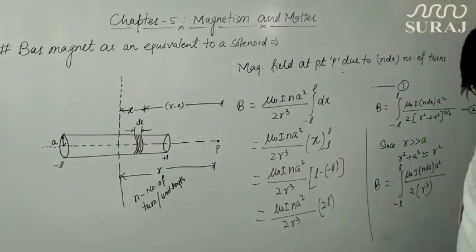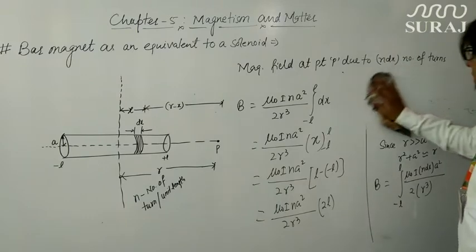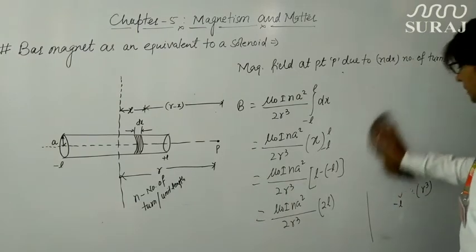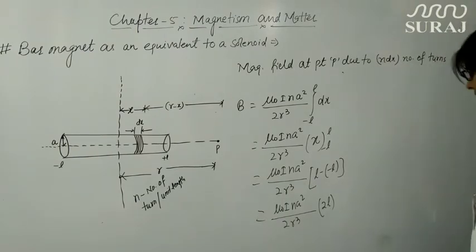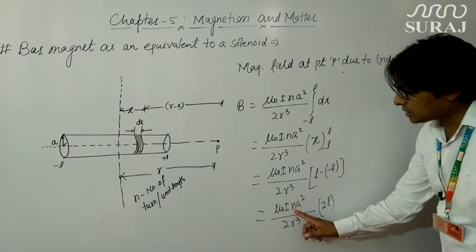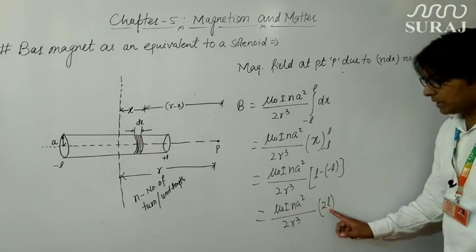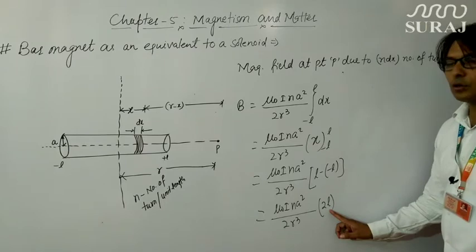Now what we are going to do is, if I multiply this 2L by small n, what is small n? The number of turns per unit length. And what is 2L? The total length of this solenoid.